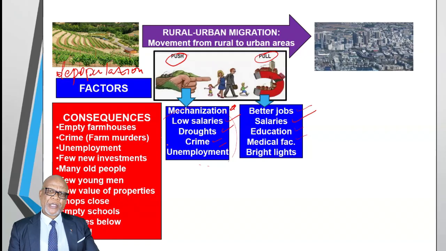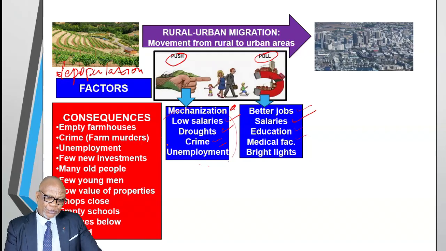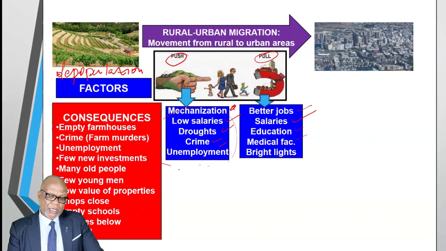Now you see there is going to be a rippling effect. People are going to move out, and it's going to result in unemployment. Once the investors see that most of the skilled people have moved out, they will not invest there, so there's going to be little investment in rural areas. Many old people will remain behind because they are on pension.